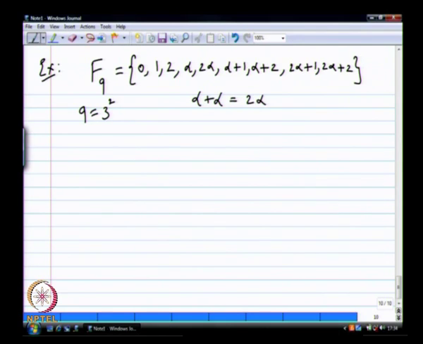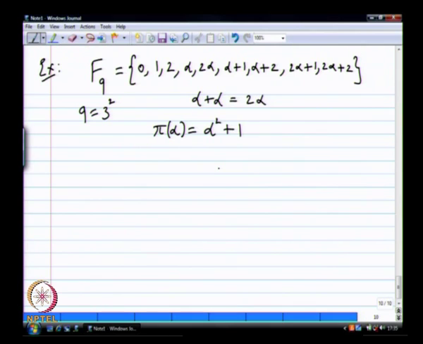For multiplication, you need irreducible polynomials of degree 2 with coefficients from F3. It turns out one choice, which is a weird choice, is alpha squared plus 1. It is irreducible in F3.